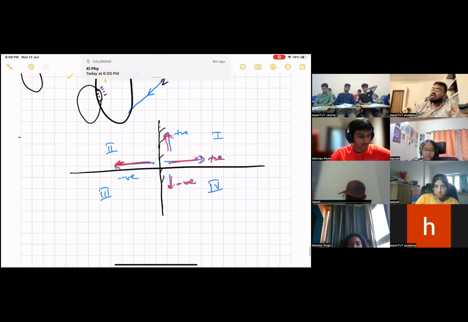And all distances are measured from the pole. All distances are measured from the pole.